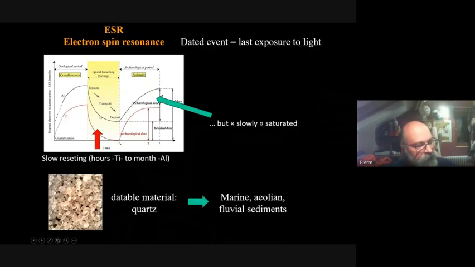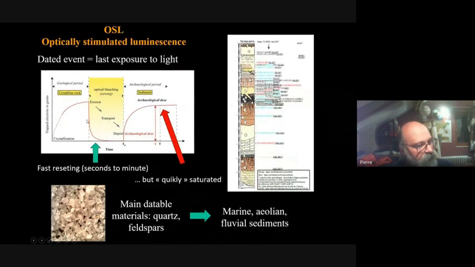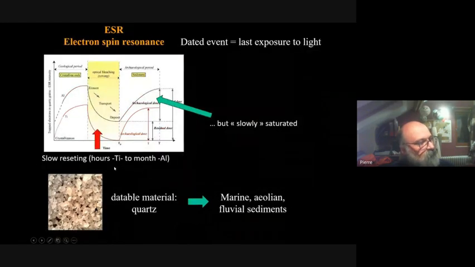We also have electrons trapped in the crystal. Here it is a quartz crystal. There are two different paramagnetic traps identified, aluminum and titanium, and they are not exactly the same in terms of light sensitivity. You see here, for example, for OSL it's very quick, 2 minutes to be reset.